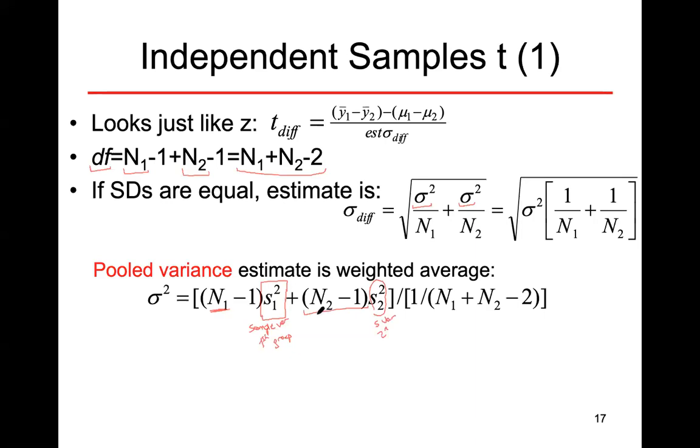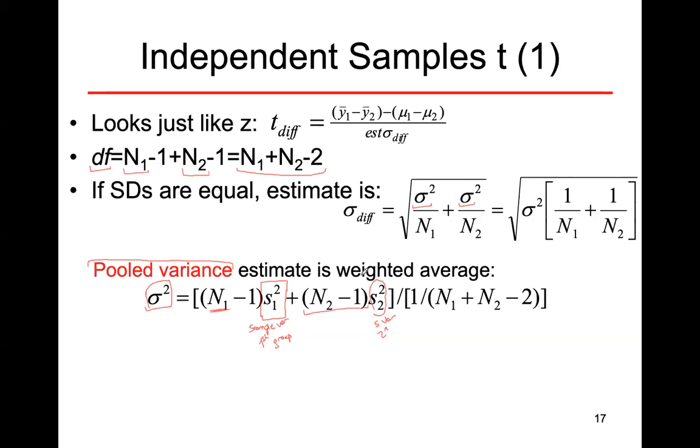So I'm trying to find one such variance value. That's why it's called pooled variance. I put everything in as one variance, which I will use for my calculations. But I'm not using only S1 or S2 alone, and I'm not just putting them together.